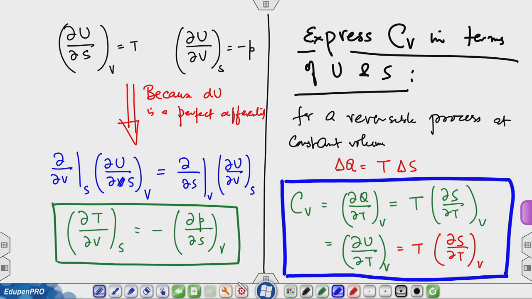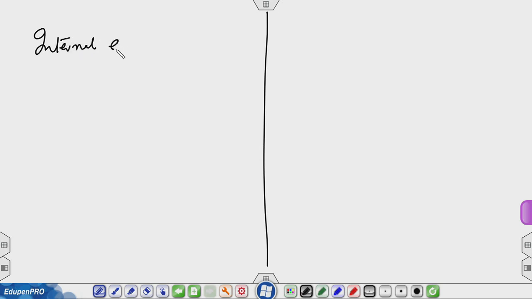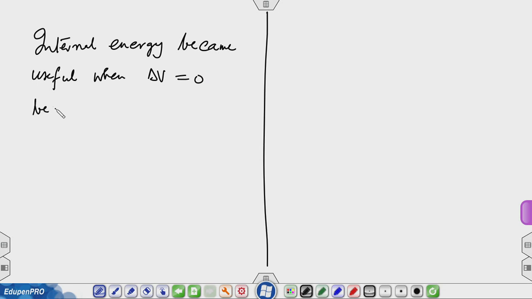Before that, let me just write that internal energy became useful when delta V is equal to 0, because then dQ is equal to dU.